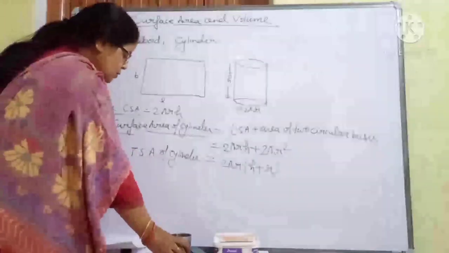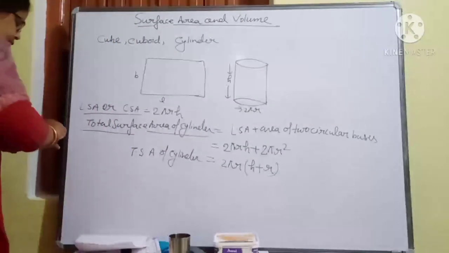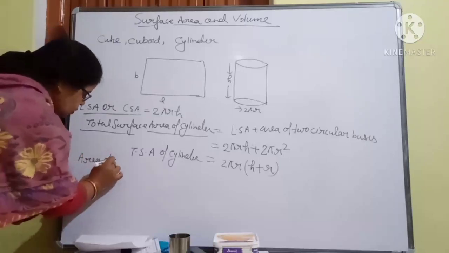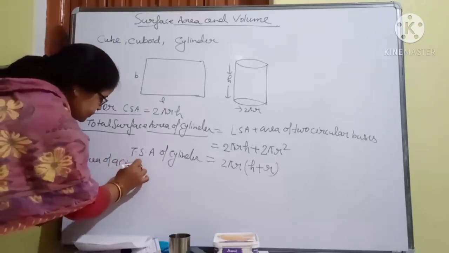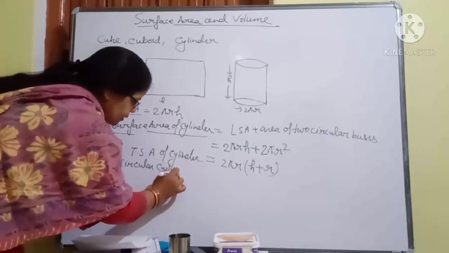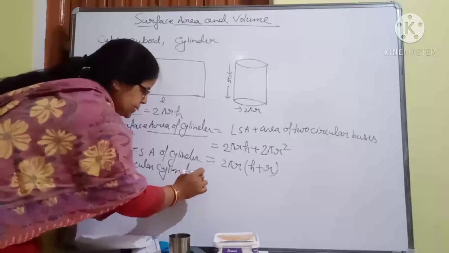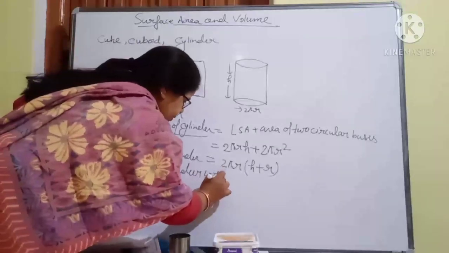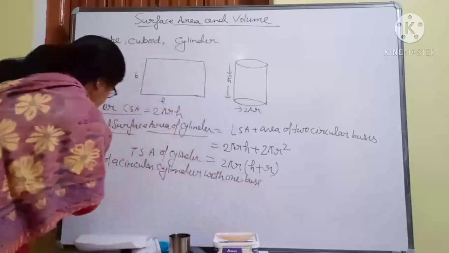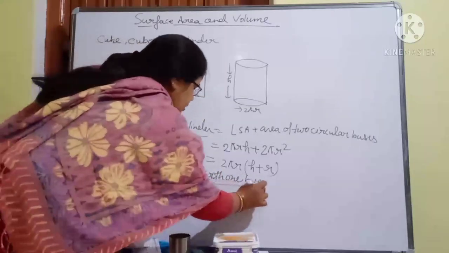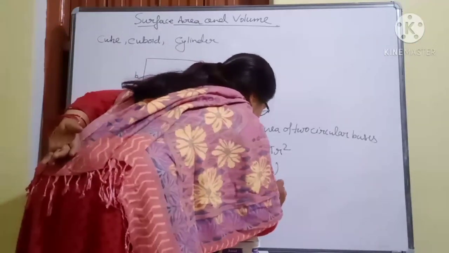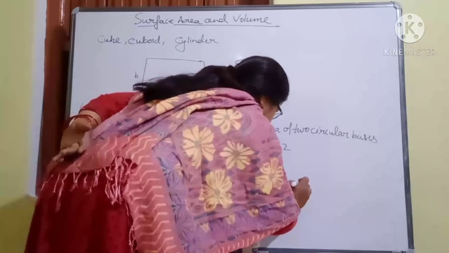Now I am going to find the area of this kind of object. Now see, area of a circular cylinder with one base, for example a glass.